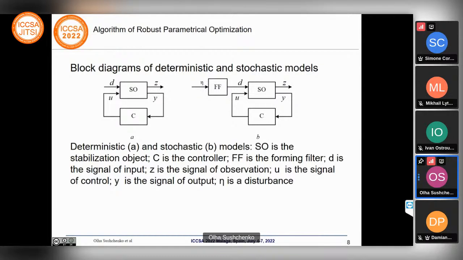The robust parametrical optimization requires using both nominal and parametrically disturbed models. Usage of parametrically disturbed models allows us to take into account uncertainties in the mathematical description. Block diagrams of deterministic and stochastic models are shown in slide 8.